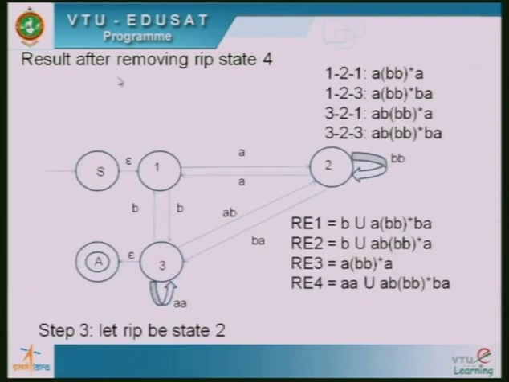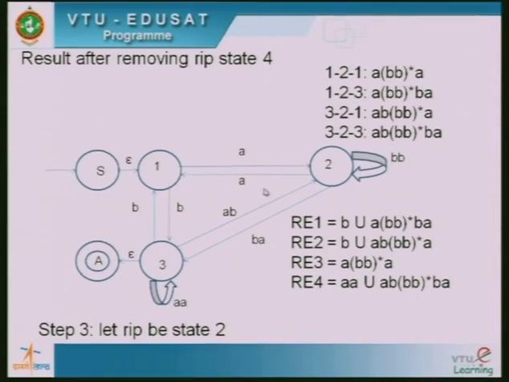After removing the RIP state 4, from 2 to 3 you have BA, and from 3 to 2 you have AB, and here there is a self loop BB, and here there is a self loop AA. This is the modified FSM after removing state 4.